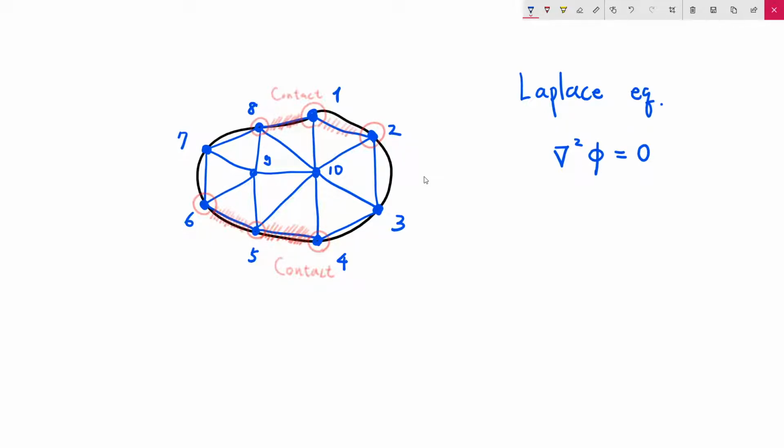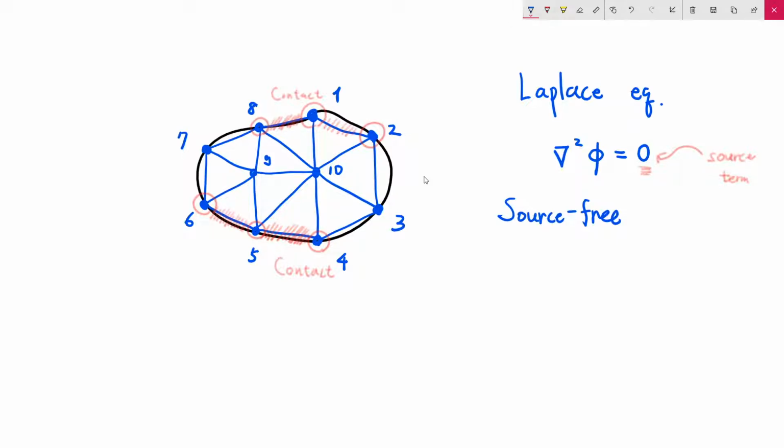However, from now on, we will consider the source-free Poisson equation. Here, source means the right-hand side of our equation. This part is typically called the source term, and you know that the source term is now vanishing in this case.